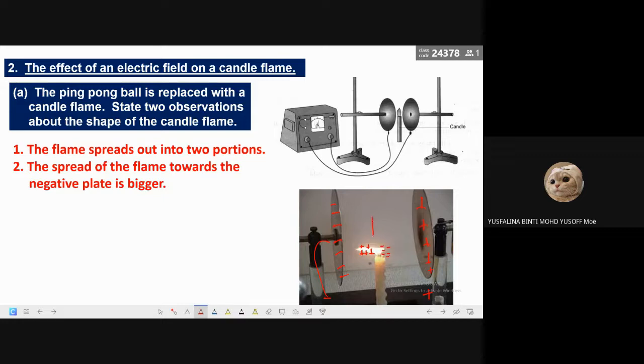When you draw, let's say in the exam they ask you to draw the candle flame placed between two charged plates, it should be like this. The one that has the positive charge should be at this part.